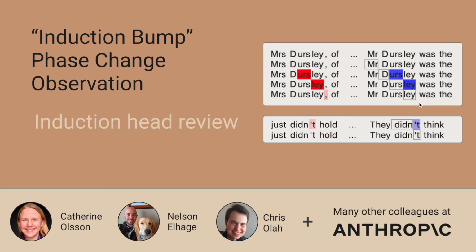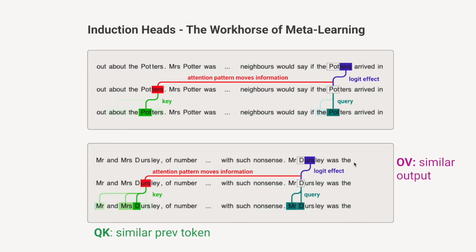So I'm going to move into circuits and mechanism in a moment. I want to just make sure to review what we've already covered in previous videos about induction heads, as it's important context for understanding the circuits that we see. You might remember from a previous video that the main hallmark of an induction head is two things. The first is in the OV circuit, the output and value matrix.